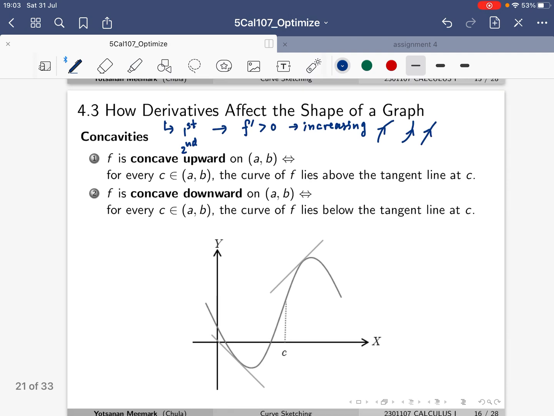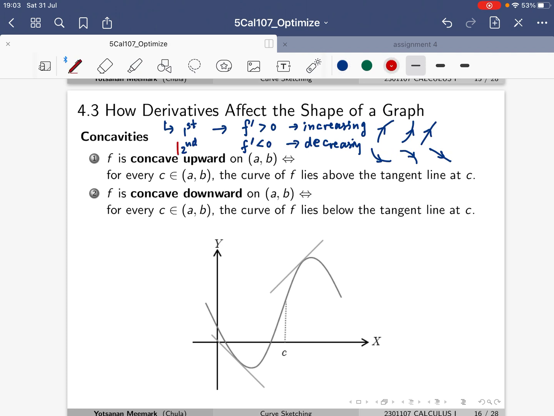But if your f prime is negative, then your function is decreasing, which means the graph will go down. It may go down like this, or like this, or go straight down like that line. So it depends.